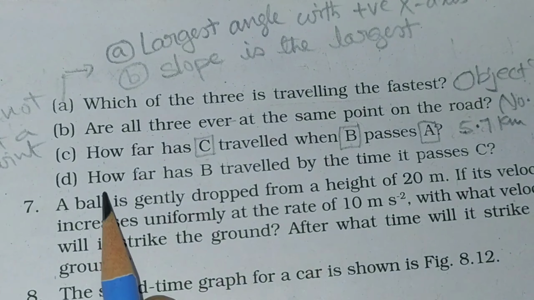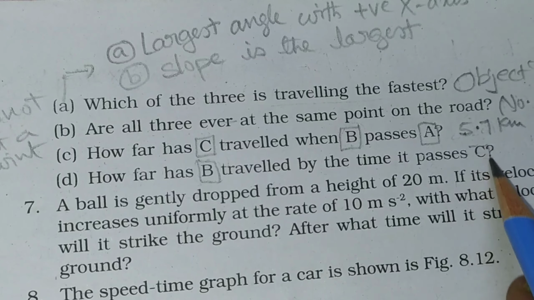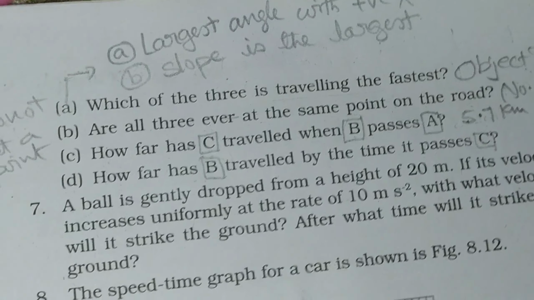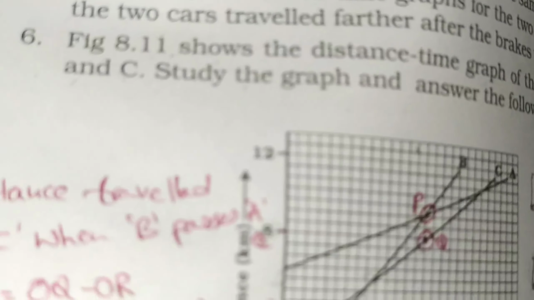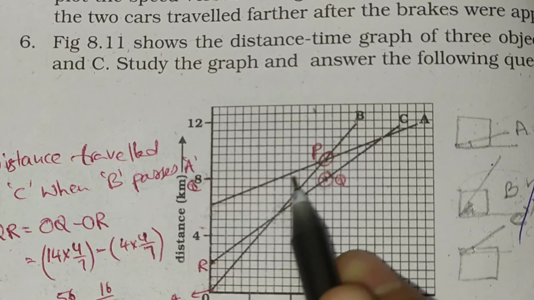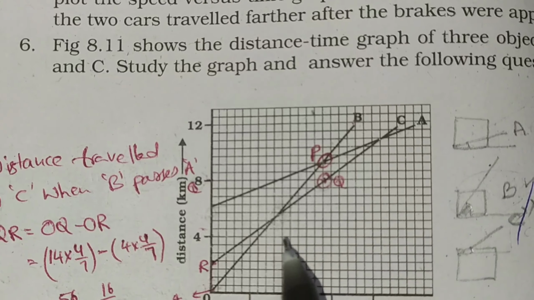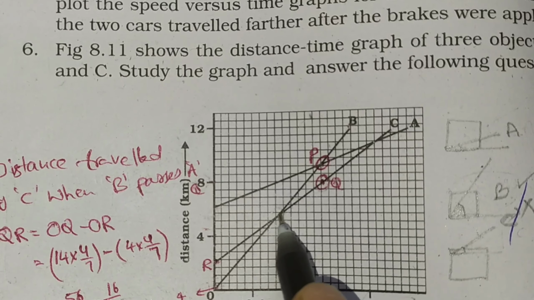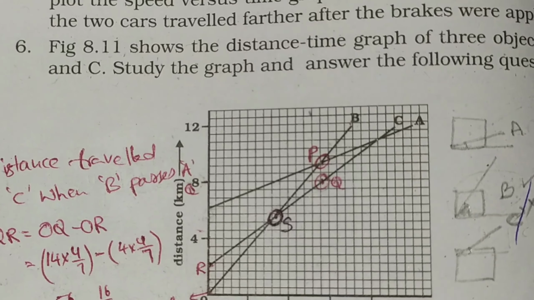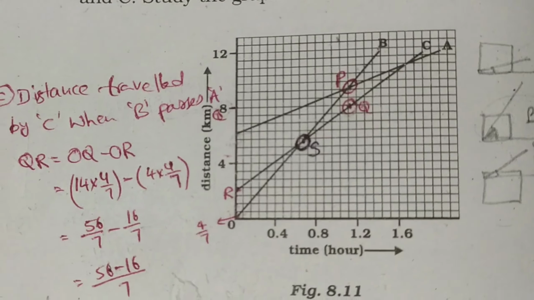How far has B travelled by the time it passes C? Let us observe it now here. See, this is the graph of B and this is the graph of C. So at this point, let us take this point as S. So at S, B passes C. Now let us do here D bit.